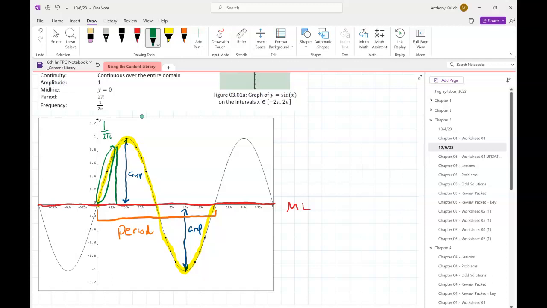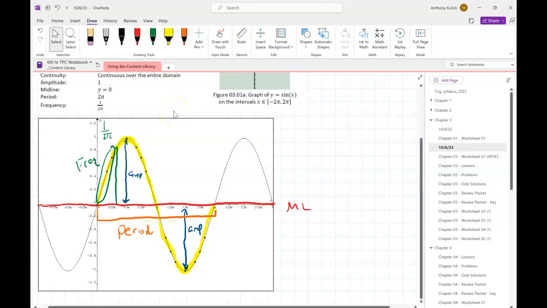So it's a little less than a sixth of my graph that I covered in one unit on the x-axis. That's my frequency there. So far, so good.